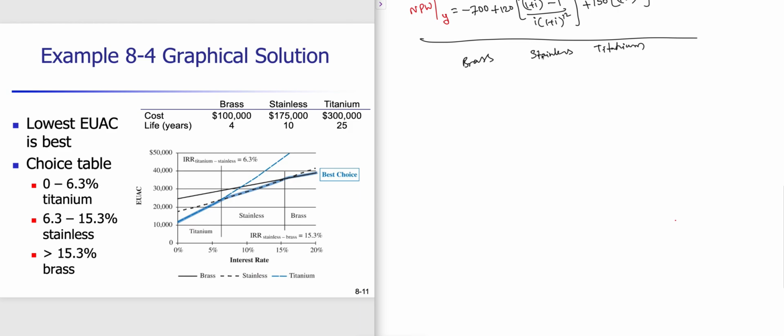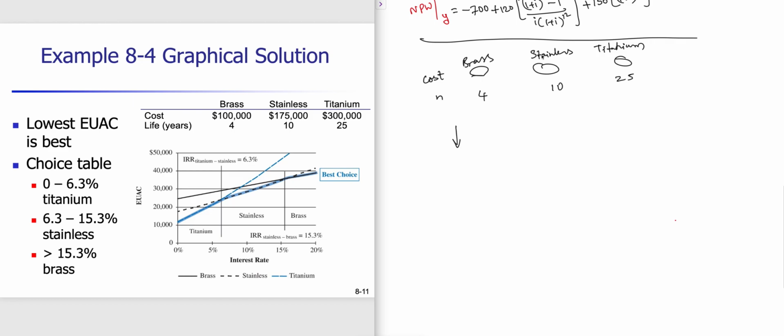Now, if we convert every number to annual, because given is cost and lifespan is n, which is 4, 10, 25, and this is given as cost. So we can convert all of these given numbers to A, because this is present, right?